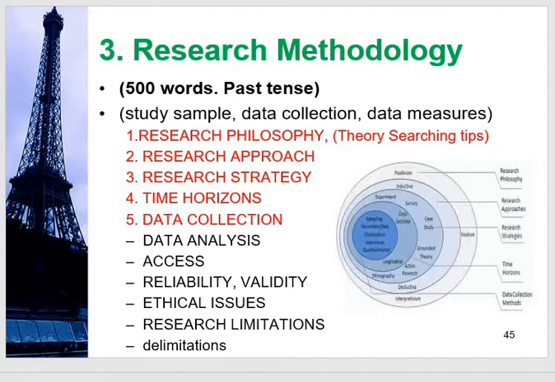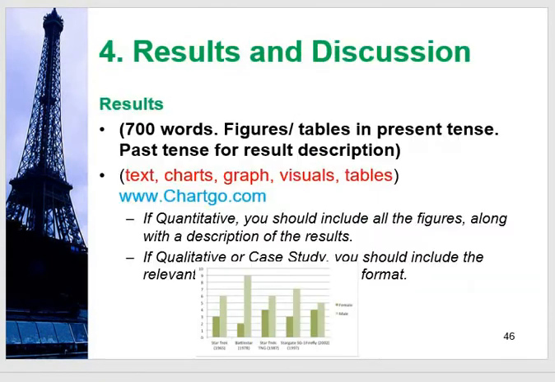And in ethical issues, you will get permission from the institute from where you will take data. The fourth part is results and discussion. In results and discussion, you will use text, charts, graphs, visuals, tables.